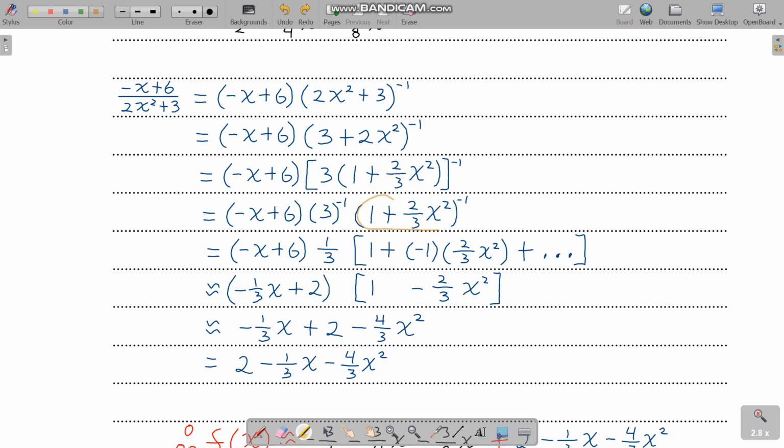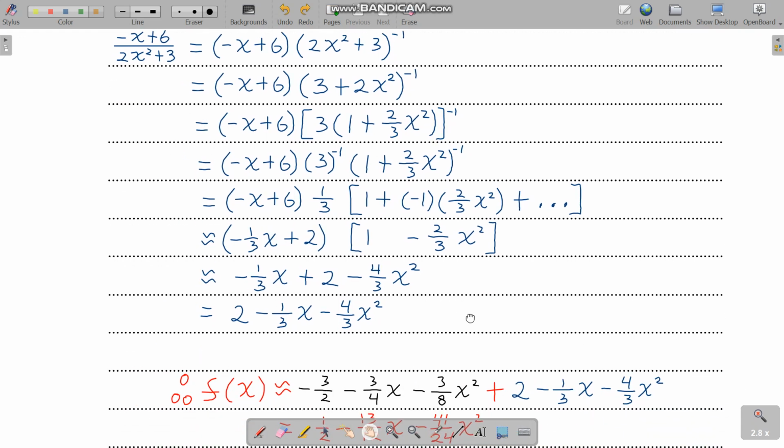Now for the 1 plus 2/3 x squared to the power of minus 1, we have to use the formula. We replace the x with 2/3 x squared and the n with minus 1. Using the formula, we get 1 plus nx and so on, but we stop right here because again we don't want to continue and use the x to the 4th term. That's useless because we don't need the x to the 4th term.